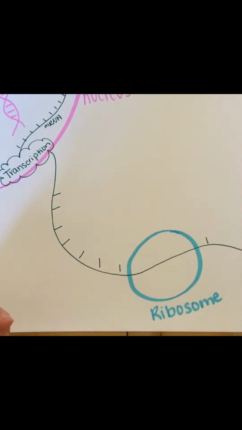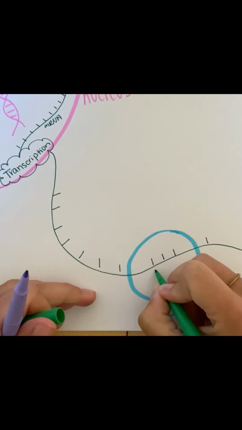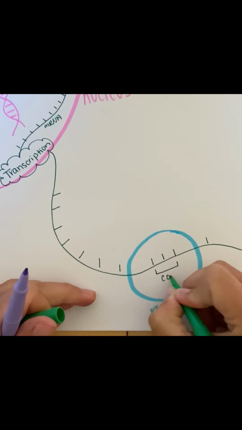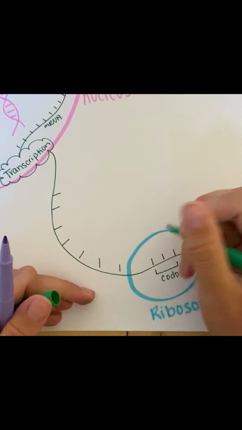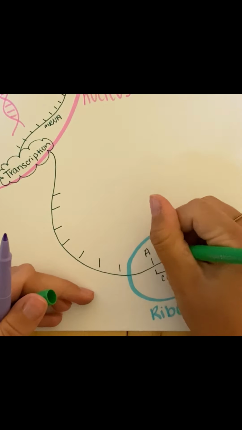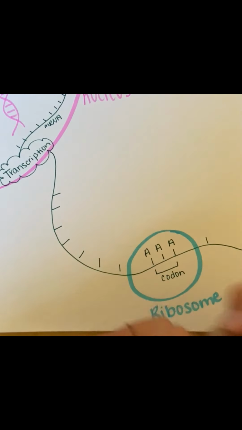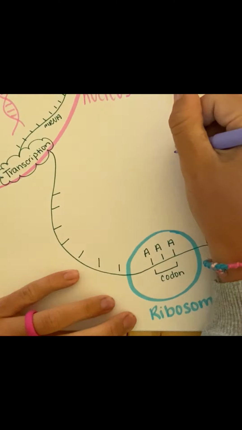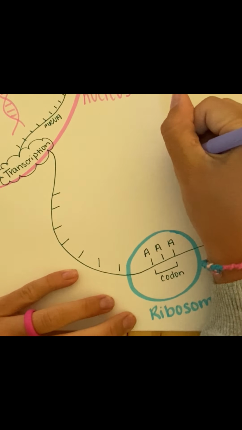So for example, let's look at our mRNA right here. Let's get ourselves a codon. Remember that a codon is 3. So our codon right here is our 3 bases. Let's say that this one is AAA. All right, so just to make this simple, here's our little tRNA, and they look kind of funky. Here's my best impression of them.